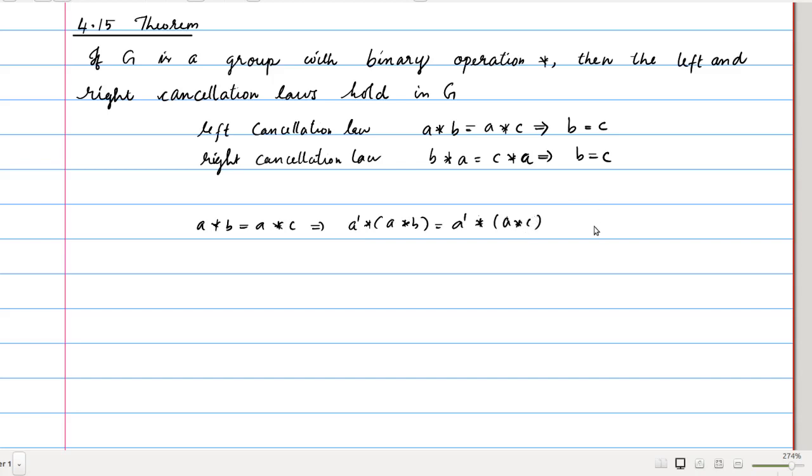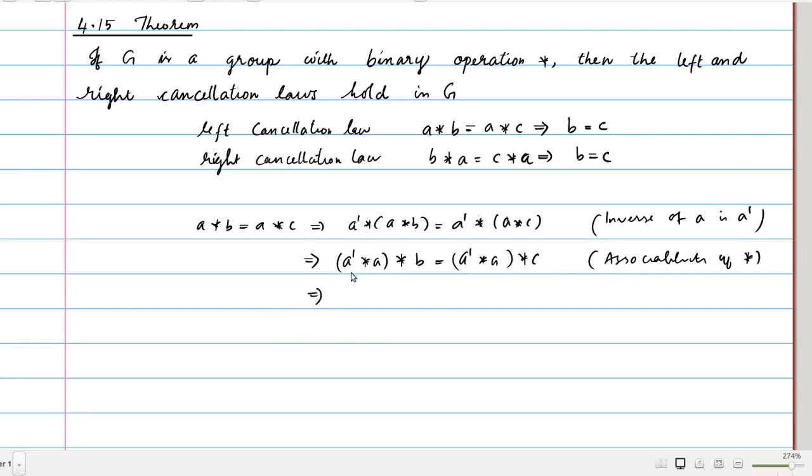Since star is associative in group G, we can associate a prime and a first, then star b. Similarly, you can associate a prime and a first, and then c, using the associativity of star.